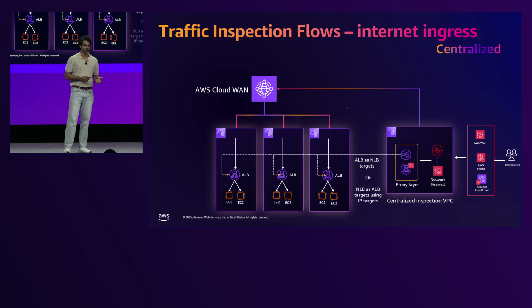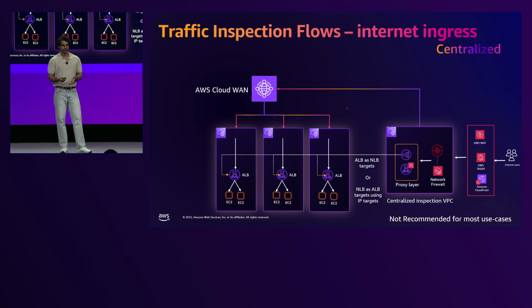Now you can do this by putting a load balancer in a proxy layer and then adding another load balancer as a target, and there are multiple ways of doing it. But I don't recommend it, because if you have multiple applications, one proxy layer for all the applications is just a mess. This is not easy. So I generally don't recommend this for most use cases.